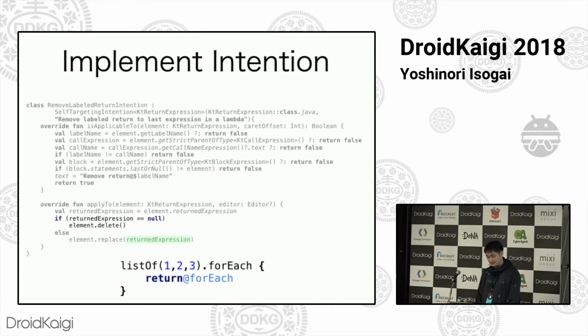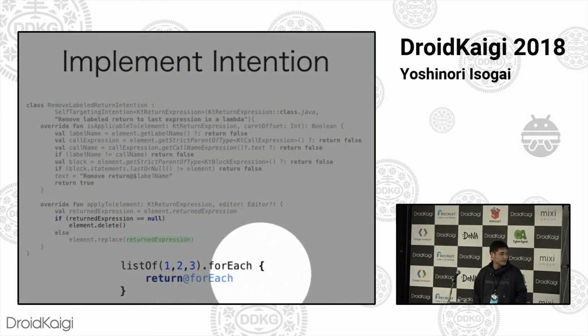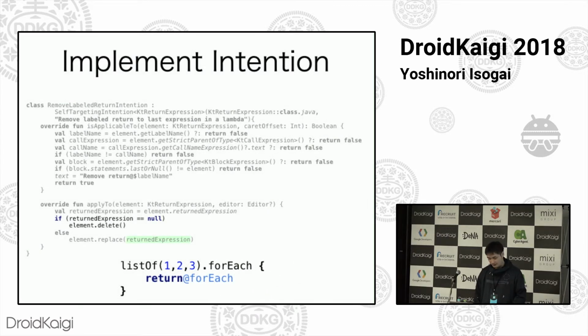If it is null, like forEach, which returns Unit, there's no value in the return here. In that case, delete the whole expression, like this. So that's it for implementing the intention. Easy, right? Okay.